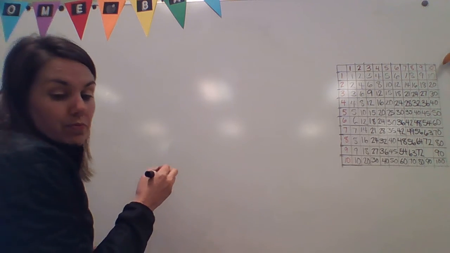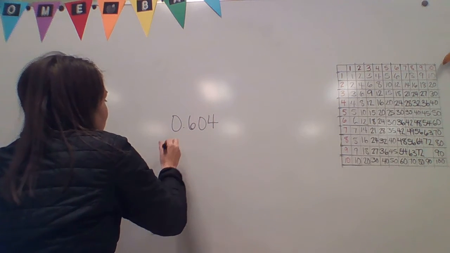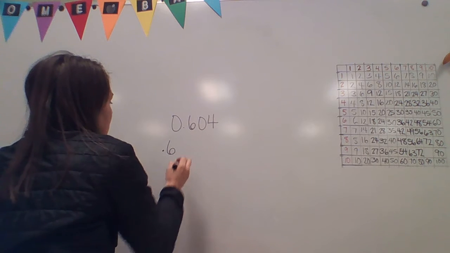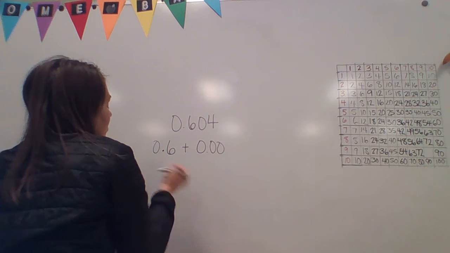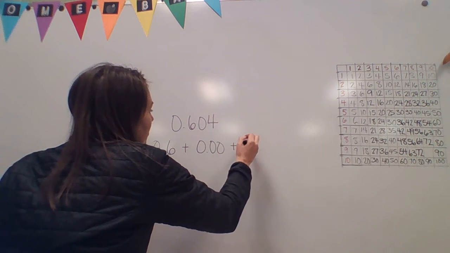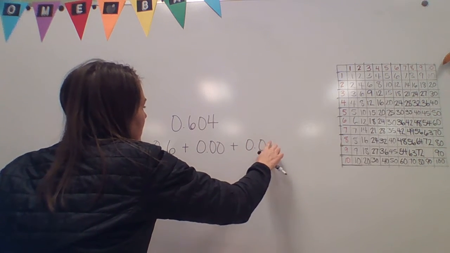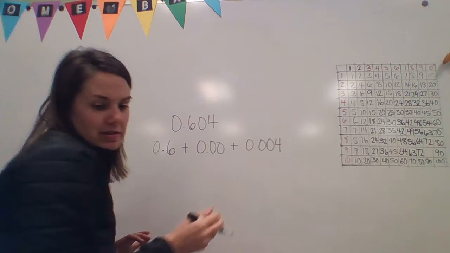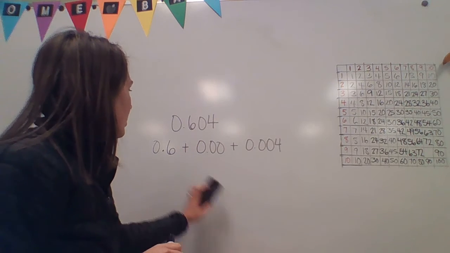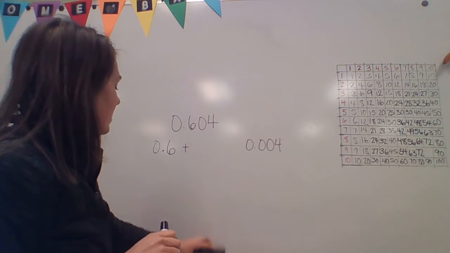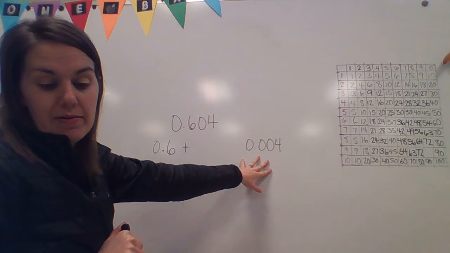So they say with decimals, if you write it in expanded form, you have 6/10 plus 0/100, right, or nothing, plus 4/1,000. And so I could just ignore my hundredths and say that I'm adding 6/10 and 4/1,000. Okay?